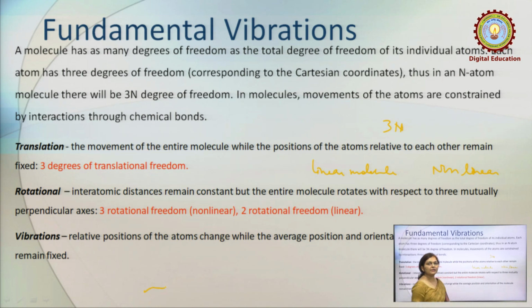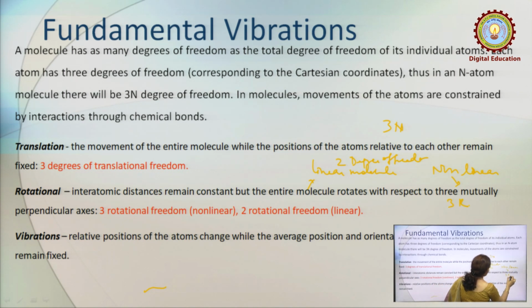In the case of linear molecules, there are 2 rotational degrees of freedom, while in the case of non-linear molecules there are 3 rotational degrees of freedom. With the help of these, we are able to calculate the number of vibrations present in a given molecule.